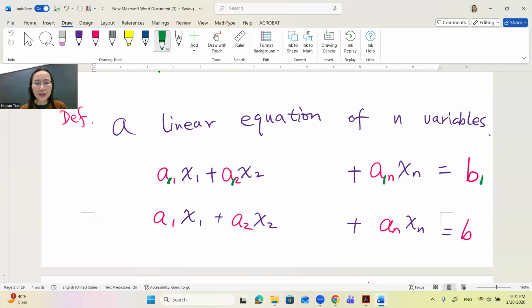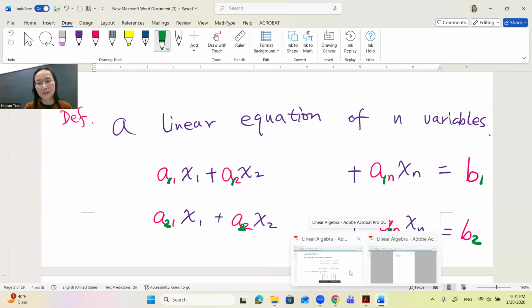Okay, for the coefficients in the second equation, I will use a 2. So a 2 1, a 2 2, a 2 n, b 2. You see that addresses the problem. If I have more than 2 equations, then I can always do that. We can always introduce another subscript. So based on this, let me show you a general system.